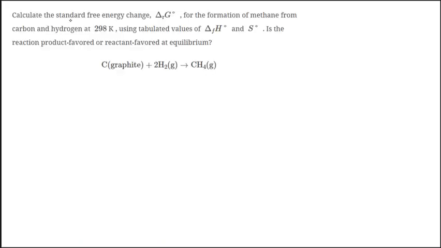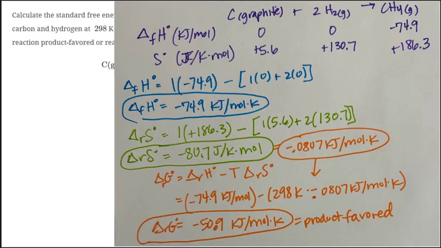Now here we want to find the standard free energy change, Gibbs's energy, for the formation of methane from carbon and hydrogen using values of enthalpy and entropy. So first thing, let's look up the values of entropy and enthalpy for carbon in graphite form, for hydrogen gas, and for methane gas, because we're not just doing Gibbs's free energy of products minus reactants.